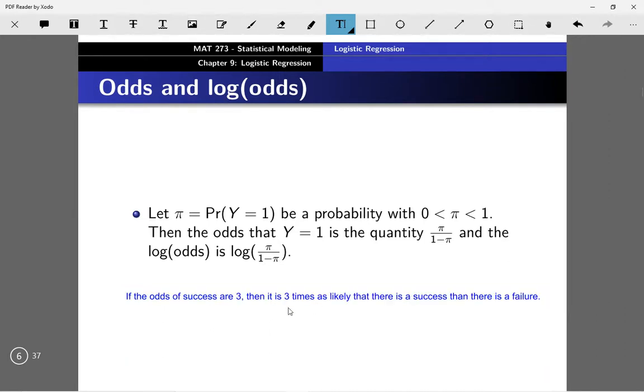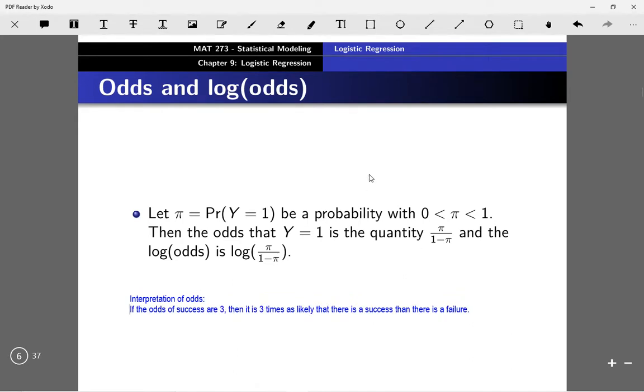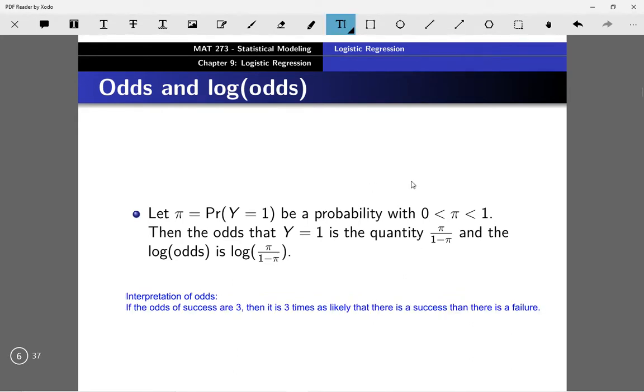That's how we can interpret the odds. So it's the ratio of the likelihood of success to the likelihood of failure. Okay.